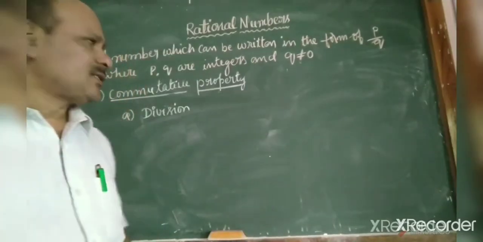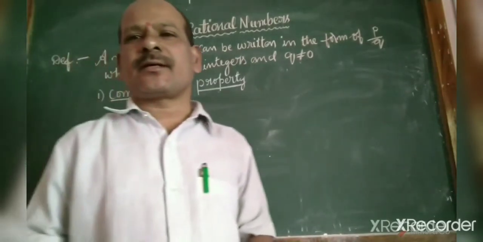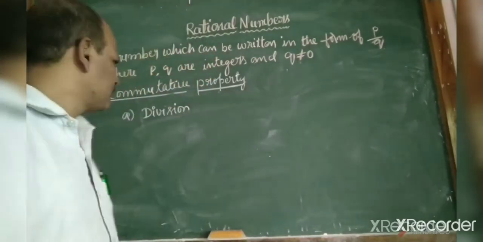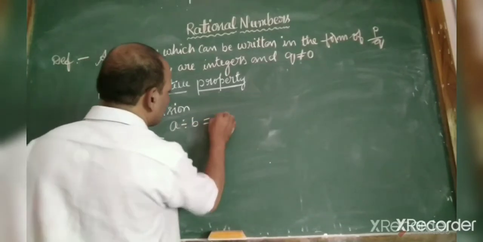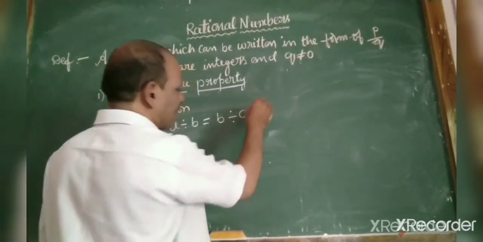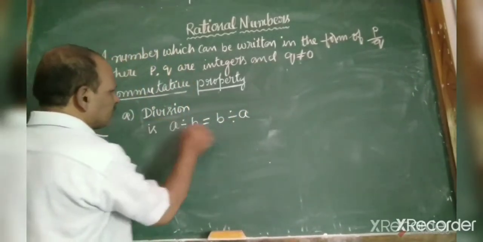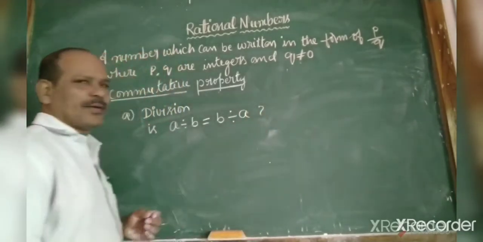Let's see division, whether the rational numbers are commutative under division or not. If A divided by B is equal to B divided by A, then we can say that rational numbers are commutative under division.